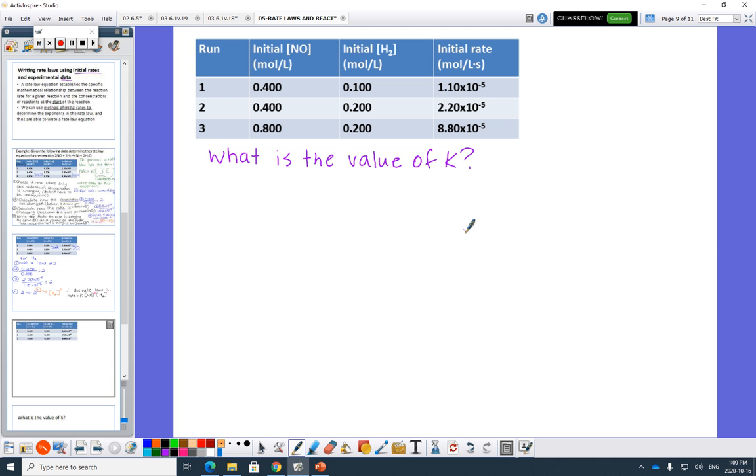Now that you have the rate law, you can solve for K. And the math part of it is pretty straightforward. It's figuring out what units you have for K that is tricky, okay?